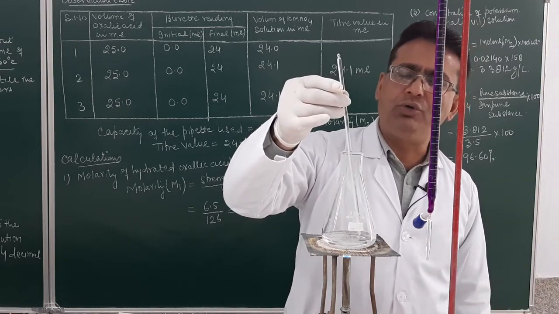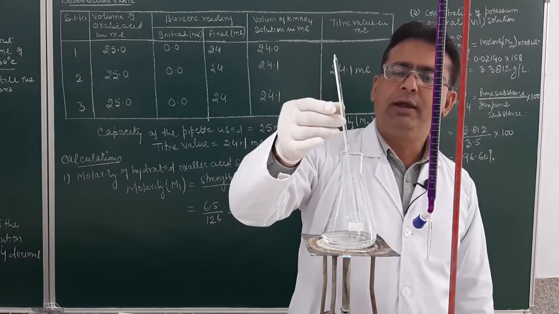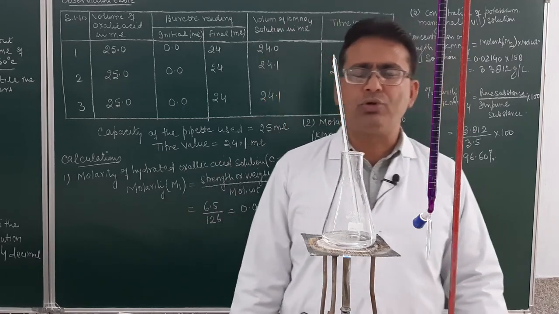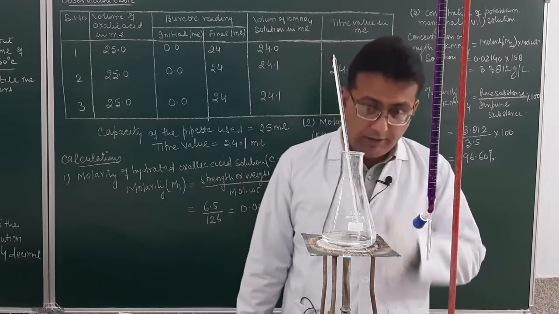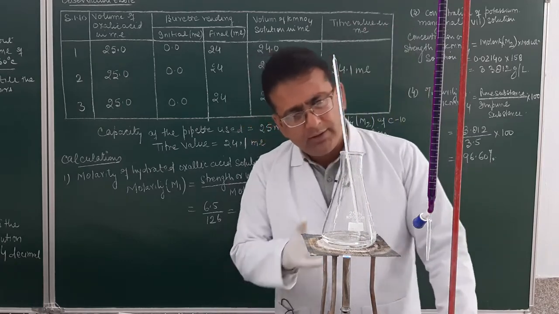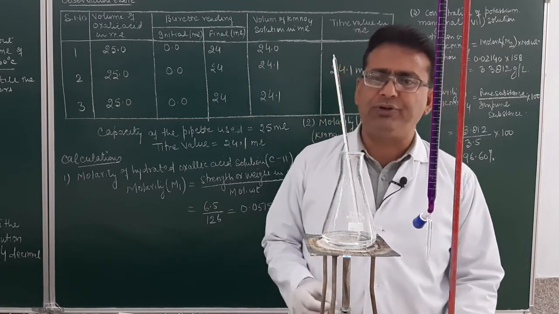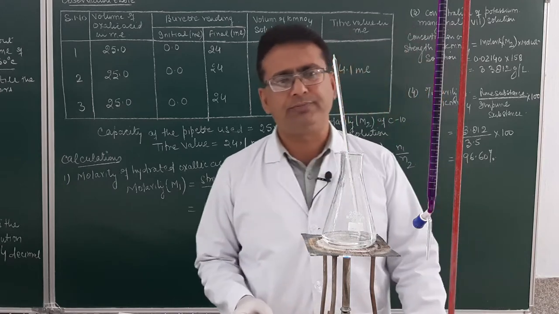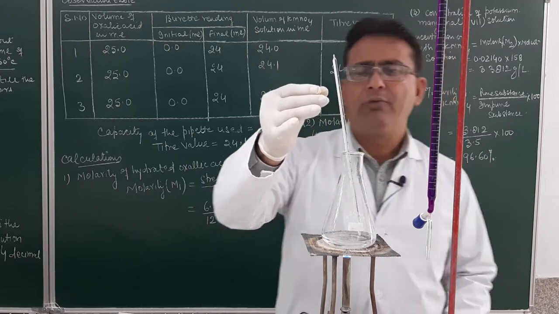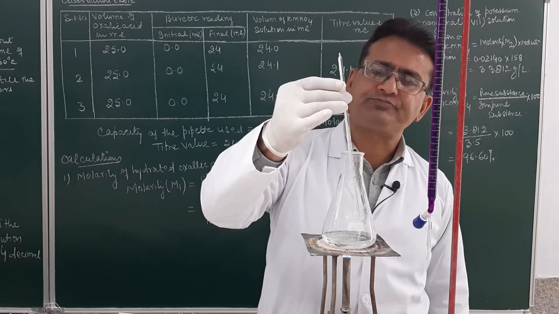Is it clear, student? So it is to be heated up to 60 degrees C. I will be demonstrating only once, but you will be doing this titration at least thrice to obtain at least 2 concordant readings. And once the 2 concordant readings are obtained, that will indicate the end point of the titration. So you may see over here, the first bubble needs to appear at the bottom of the flask. It is only then we must start adding the KMnO4 solution into it. And then after obtaining the titer value, we will do the calculations as asked in the paper.